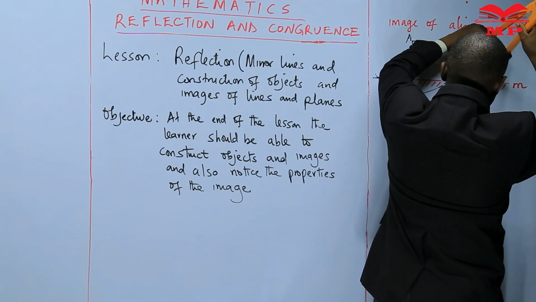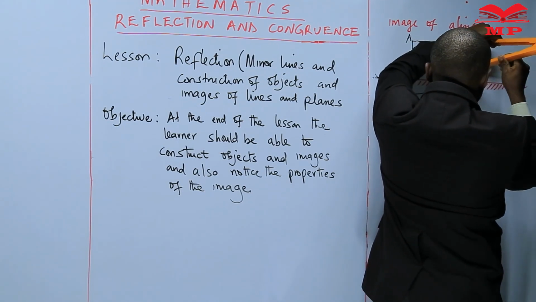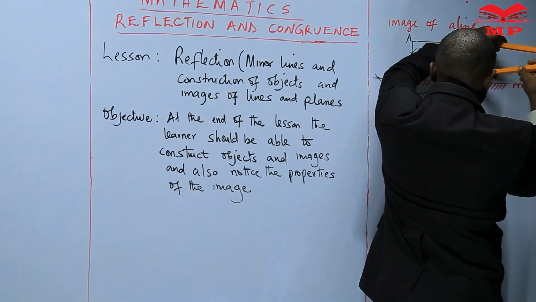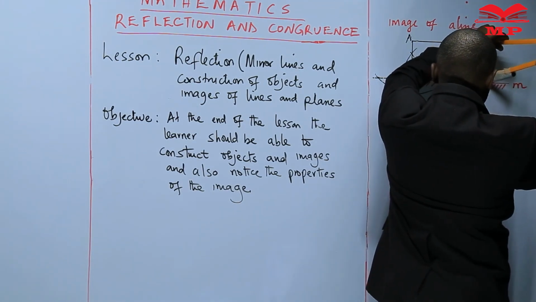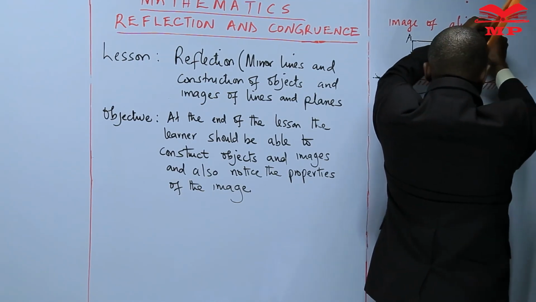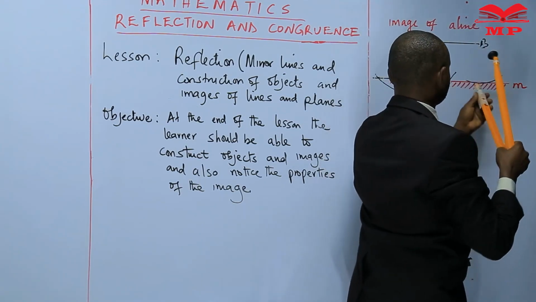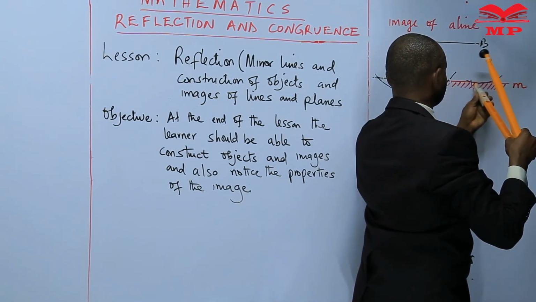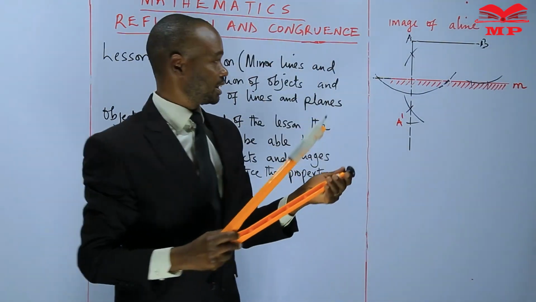Do the same. You'll find I'll get two points, this point and that point. Those ones help me to drop the perpendicular.